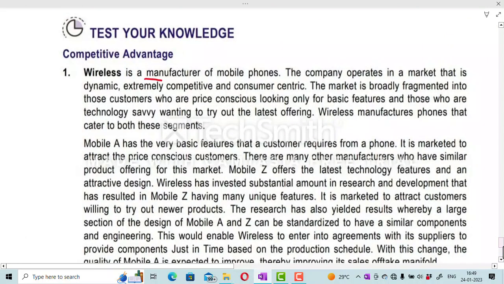Wireless is a manufacturer of mobile phones. The company operates in a market that is dynamic, extensive, extremely competitive, and consumer centric. That means there is a lot of competition in the market, and they are always trying to satisfy the customer with the best results in the best possible way.